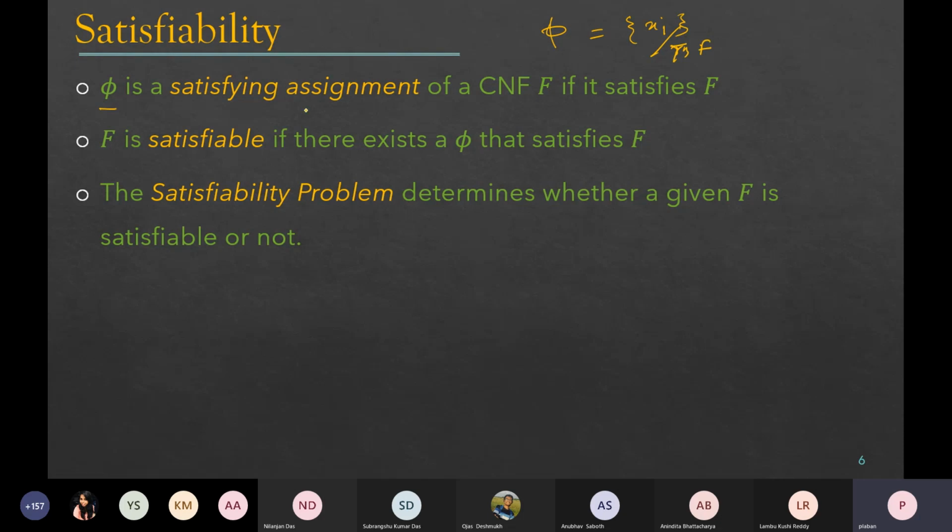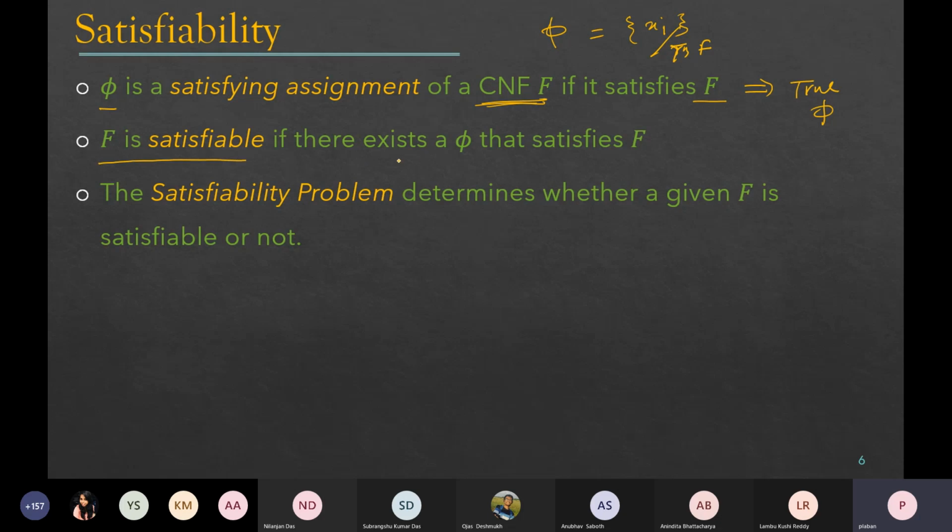Now we say that this phi is a satisfying assignment if, for this particular CNF formula f, this assignment satisfies f. So that means this formula f evaluates to be true for an assignment phi, right? So when do we say that our formula f is satisfiable?